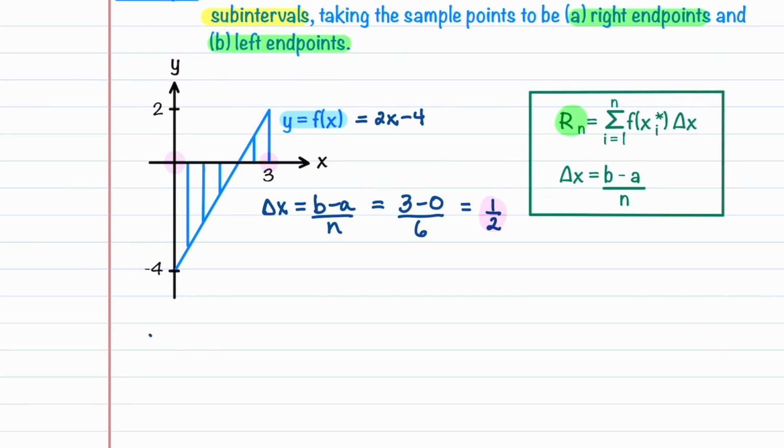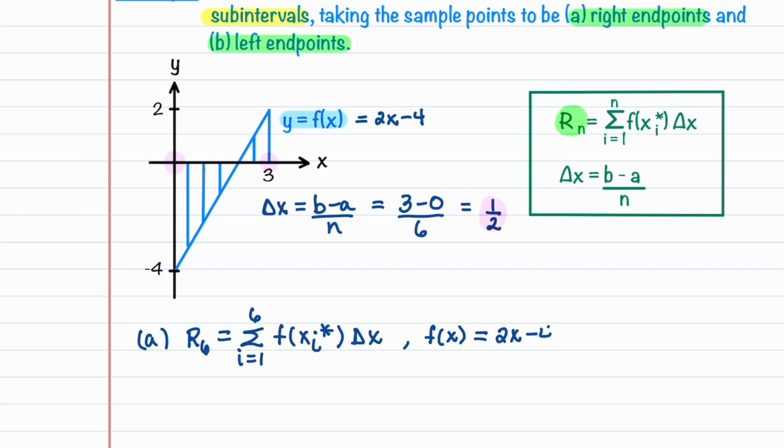Let's first find the Riemann sum when the sample points are right endpoints. Since we have 6 subintervals, we're going to write our Riemann sum as R sub 6, and it's equal to the sum, looking up here at the formula on the right, from i equal to 1 to 6 of f of x sub i star times delta x. And our f of x is equal to 2x minus 4.